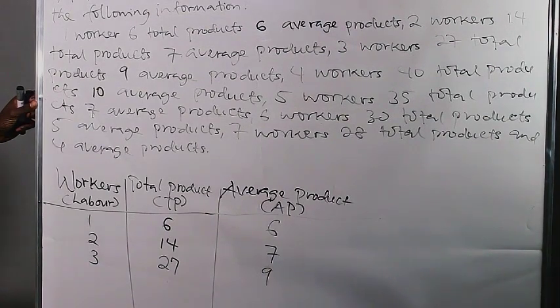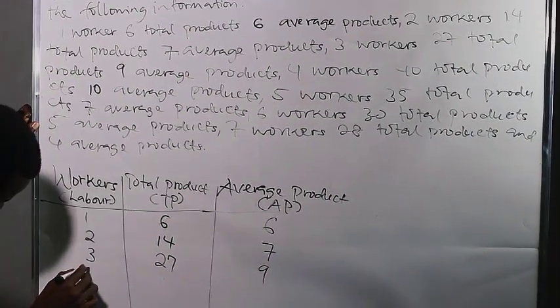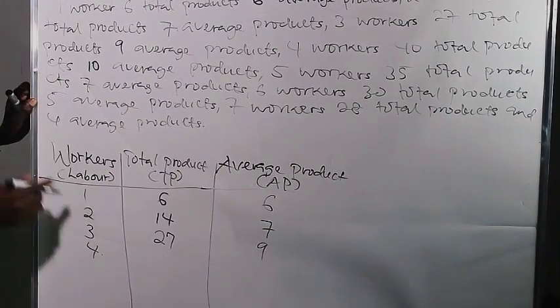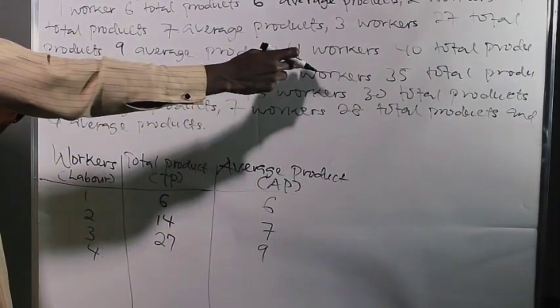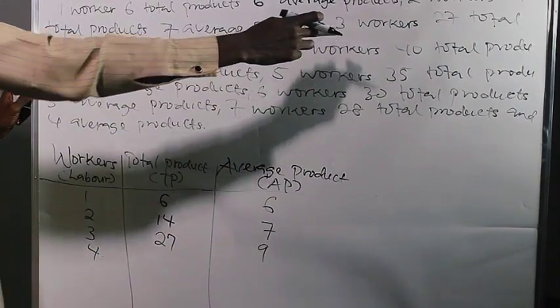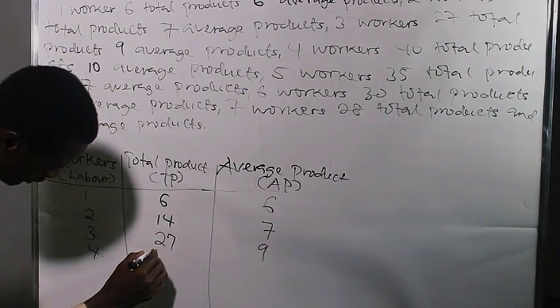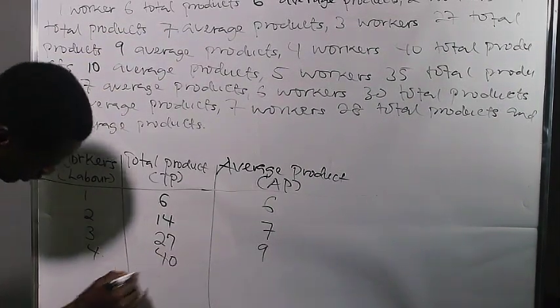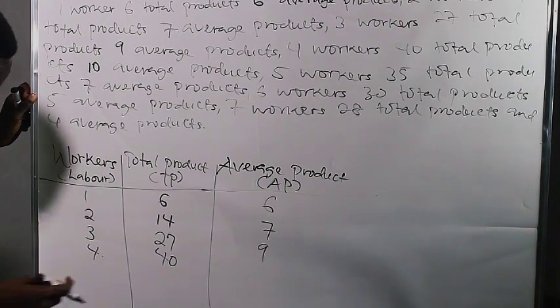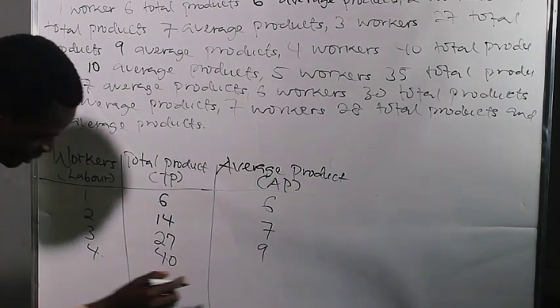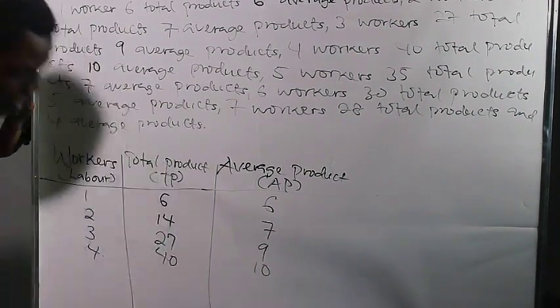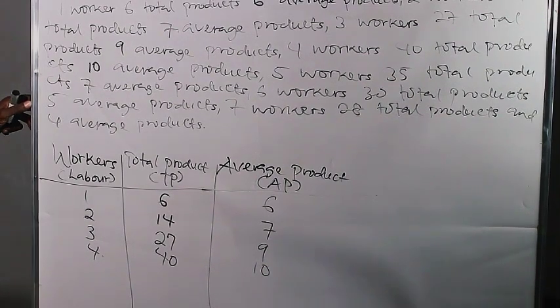Then another worker was added. Then we have 4 workers. And the total product, as you can see here, for 4 workers, we have 40 total product. So our total product here is 40 units of output. So when we divide this by this, we have 10 units of output as our average product.